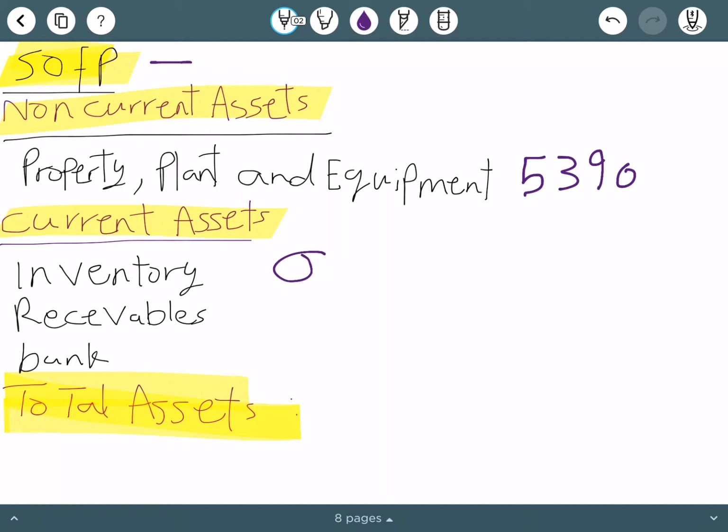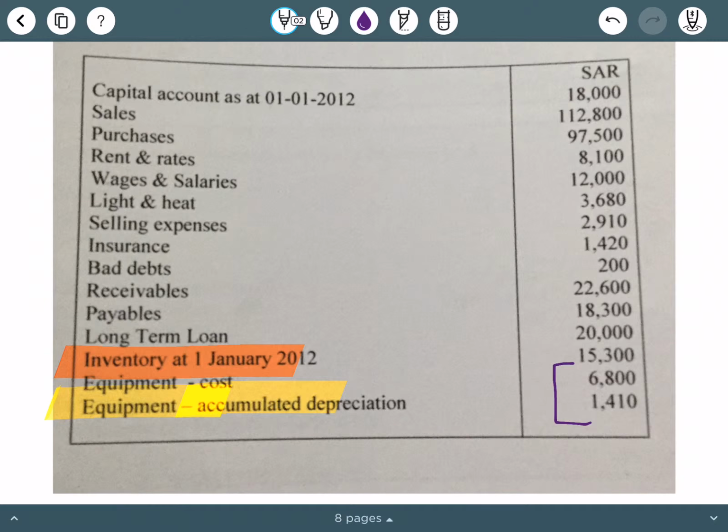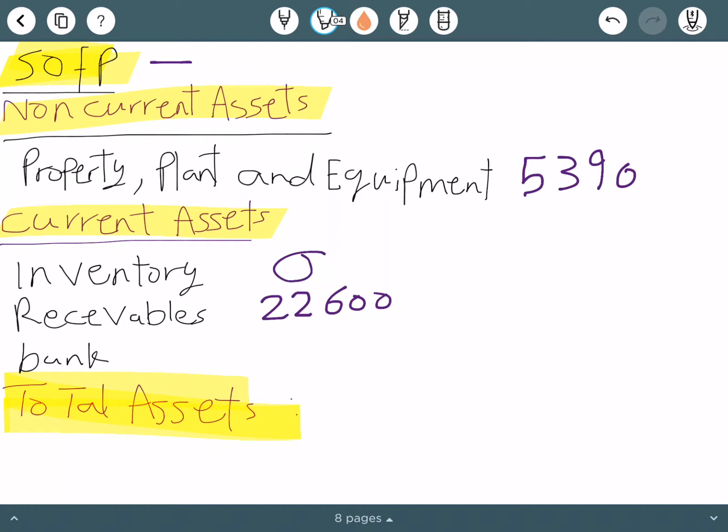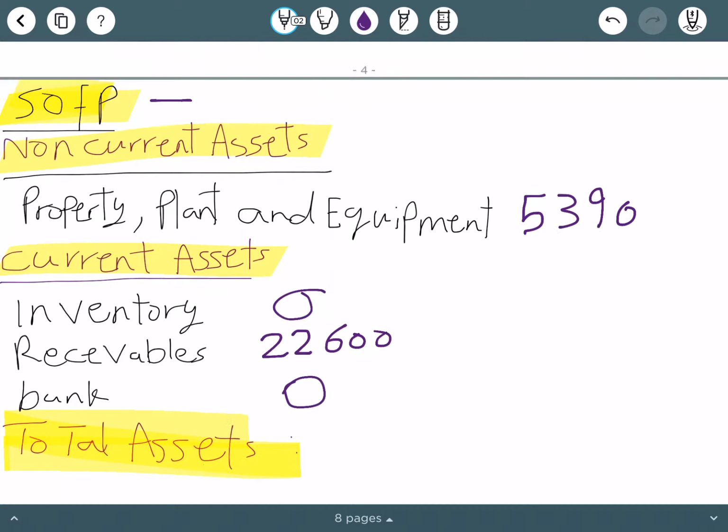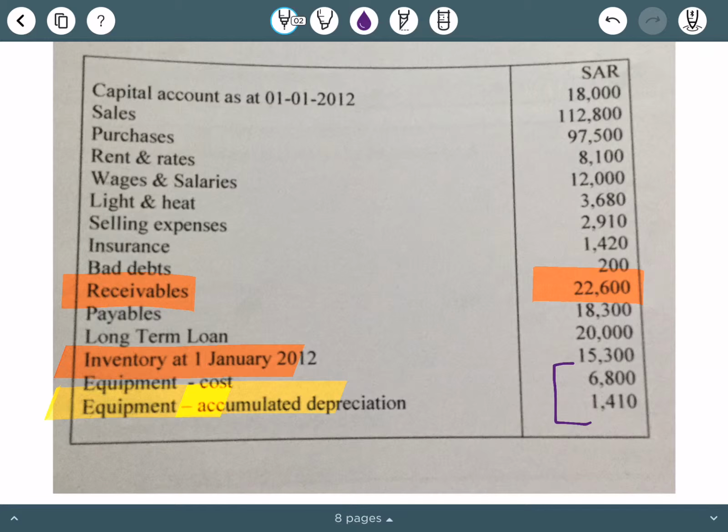Receivables. The receivables are 22,600. We got it again from the trial balance. Here it is, receivables. And then we have the bank, which is 0, because they didn't write it in the trial balance.